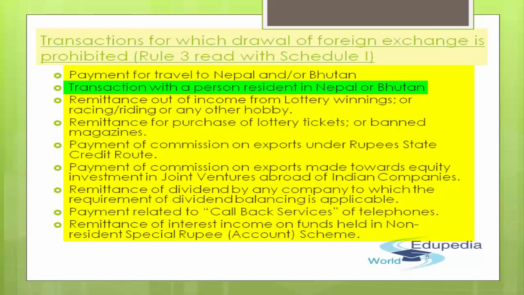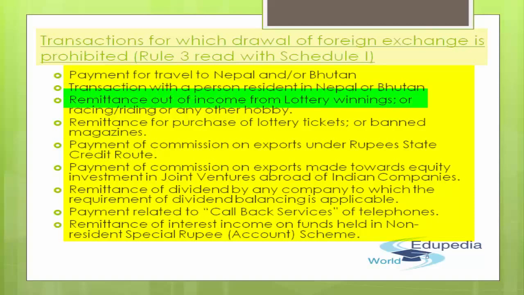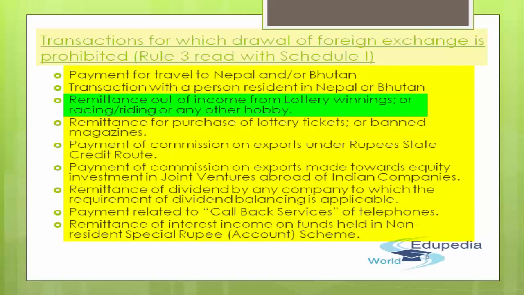Number 3, the remittance out of income from lottery winnings or racing, riding, or any other hobby. Guys, one extremely important thing to note is that our government is very much of the opinion that we need to save and retain foreign exchange as much as possible, and the government doesn't want any inefficiencies in the market.